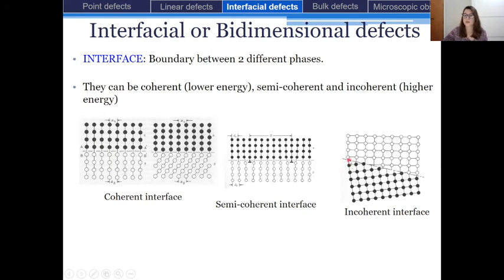The atoms close to the interface do not have the perfect number of neighbors at close distance, and so that's why, as we saw in this situation, we have an interface of high energy, so with higher chemical reactivity and so on. And in the intermediate case, we call this kind of interface semi-coherent.